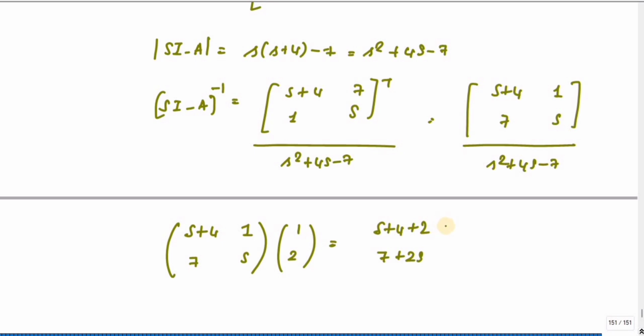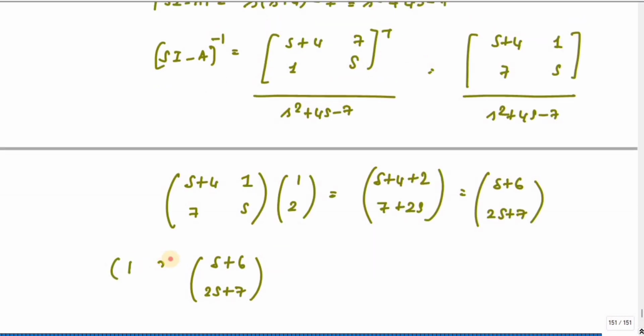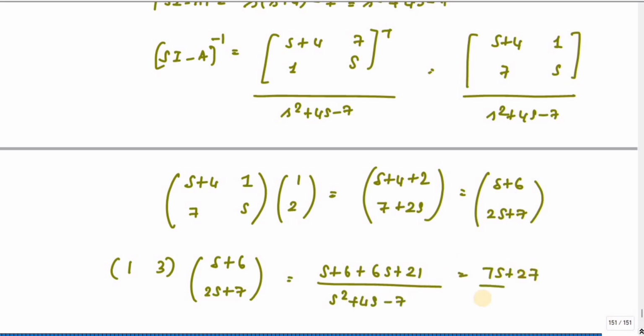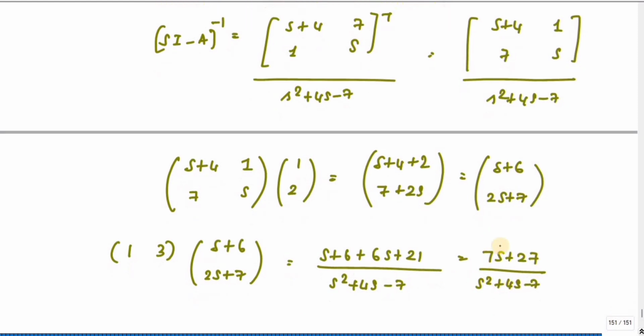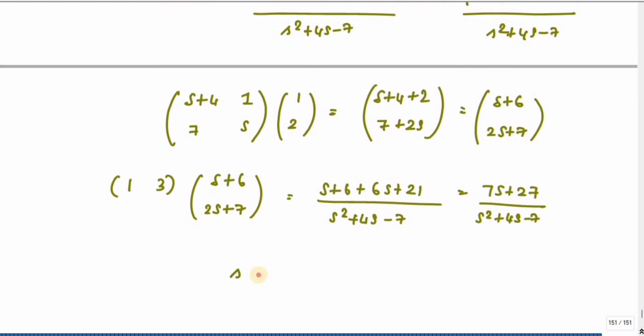So you will get the answer as s plus 6 and 2s plus 7. Okay, next you have to multiply with C, that is 1, 3. So you will get s plus 6 plus 6s plus 21, and divide by the denominator value, that is the determinant value. So 7s plus 27 divided by s square plus 4s minus 7 is your answer.